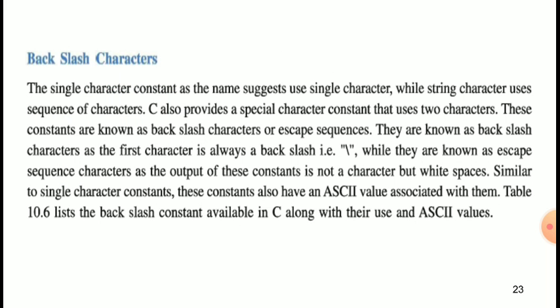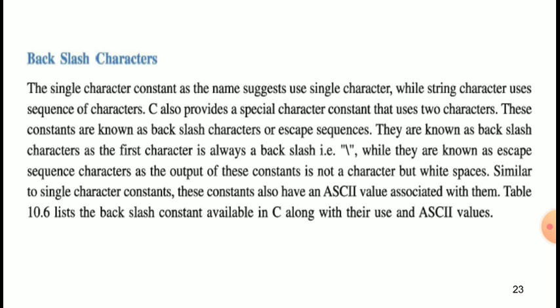Next is the backslash character. C provides special character constants that use two characters. These constants are known as backslash characters or escape sequences. They are known as backslash characters as the first character is always a backslash, while they are known as escape sequence characters as the output of this constant is not a character but white space.